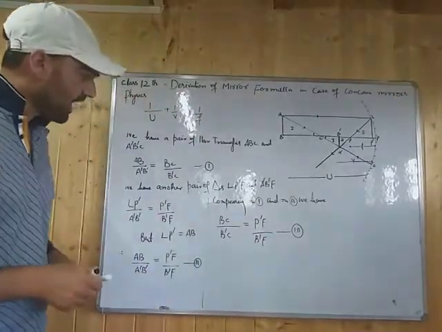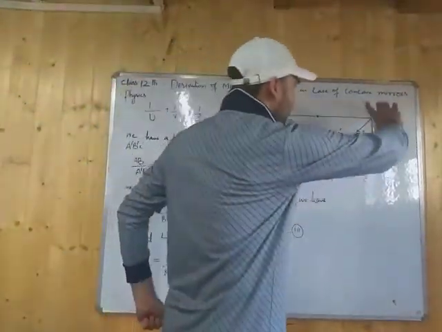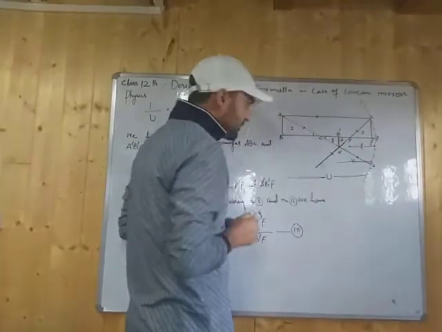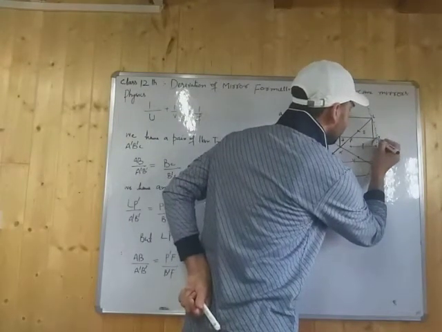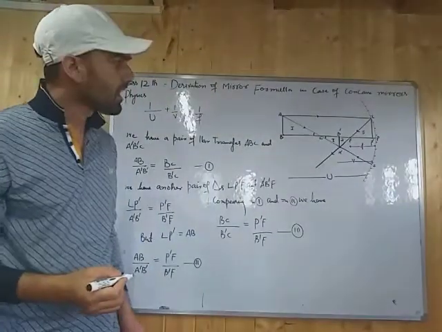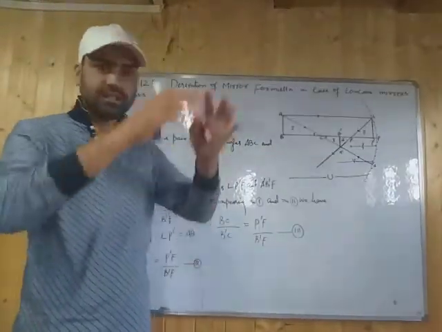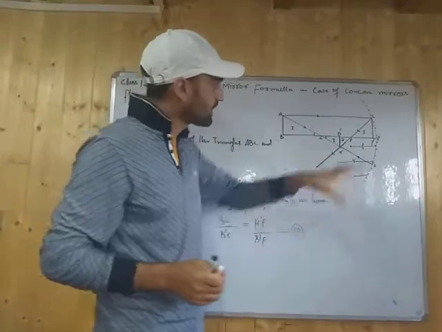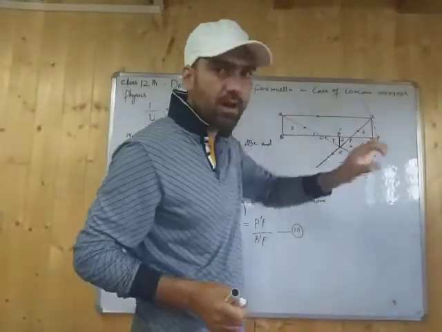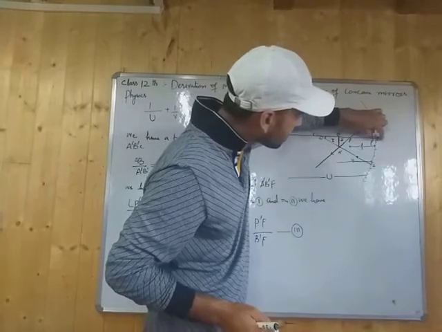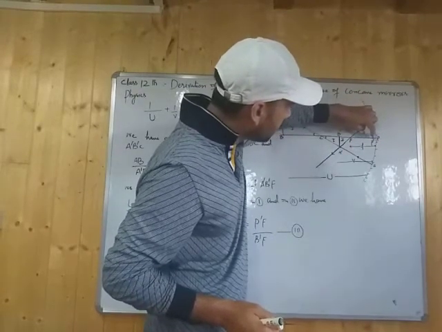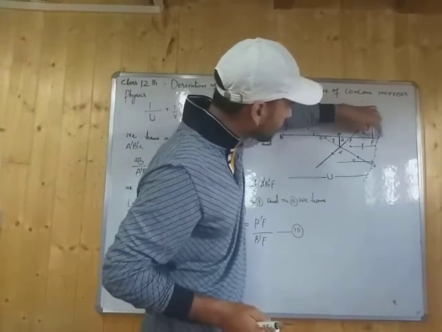As the aperture of the mirror is small, that is, the diameter of the mirror is very small, this P dash will lie very close to this point P, the pole of the mirror. So we can take this P dash F as equal to PF.